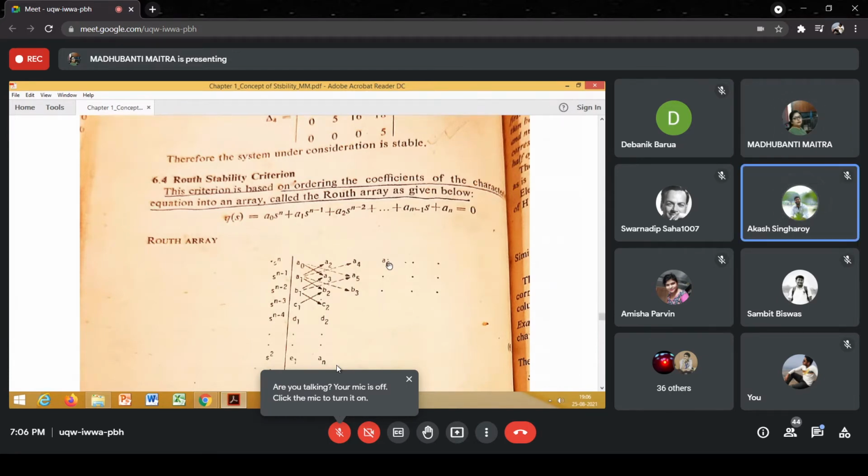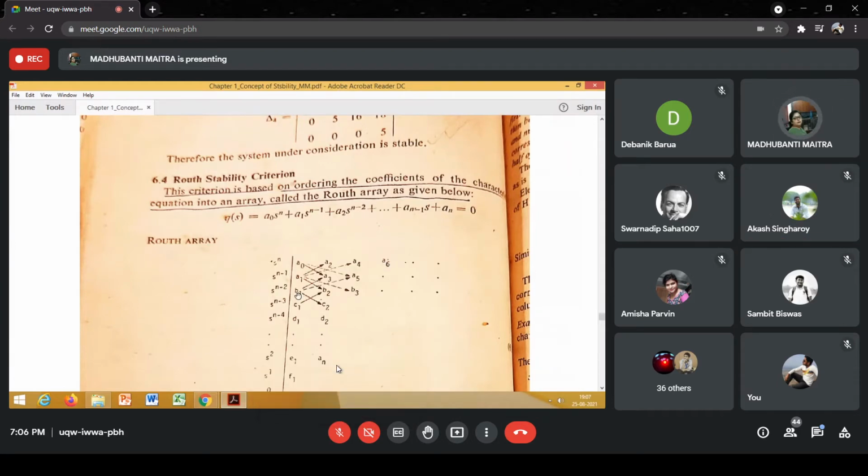Yes, ma'am. Now, while we'll be computing the terms contained in this row, in case of Routh array, though we don't use the term pivotal element, while you have studied some numerical methods, I guess you have used the term pivotal element. Am I right? Yes, ma'am.